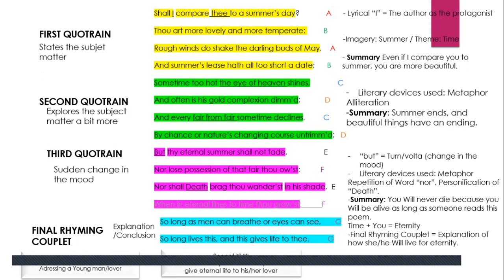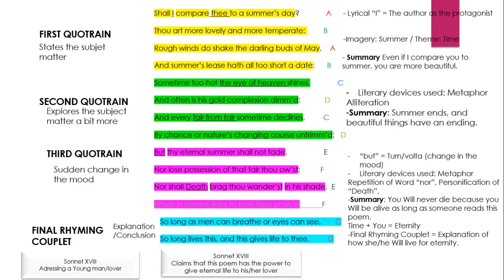This idea that time, it says, when in eternal lines to time thou growest. So time and you will become one thing through this poem that I have written, because every time that someone reads this poem, you will be alive. Beautiful, like a beautiful gift, the most romantic one that someone could give to their lover.